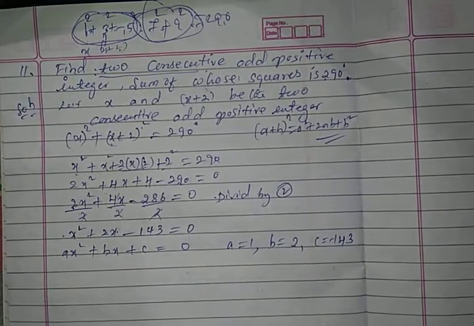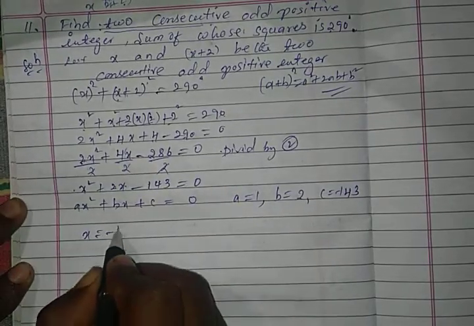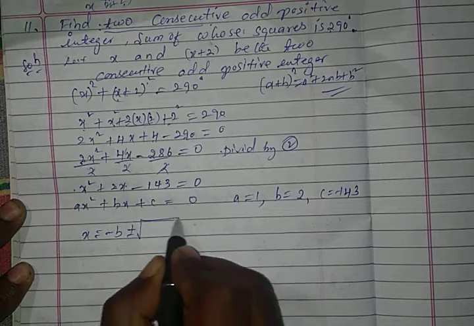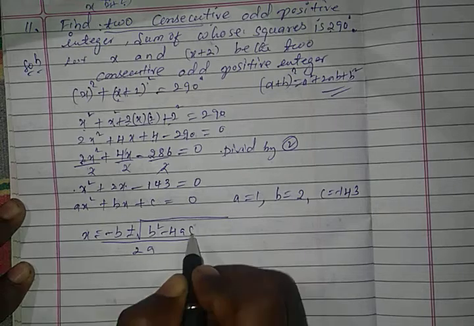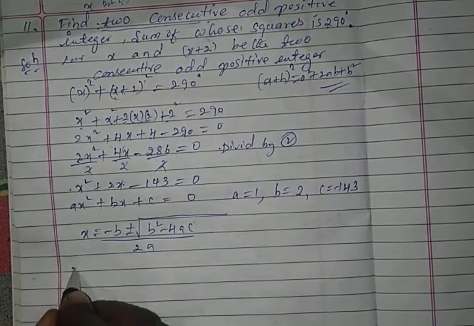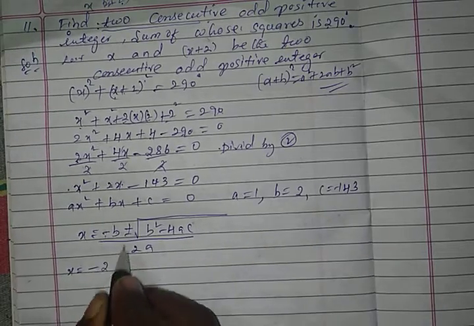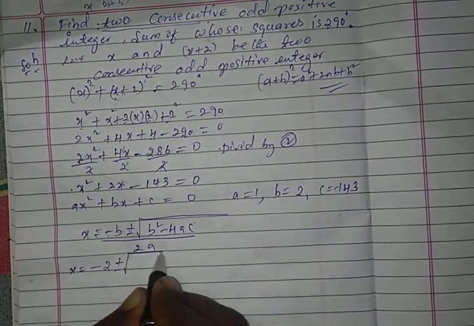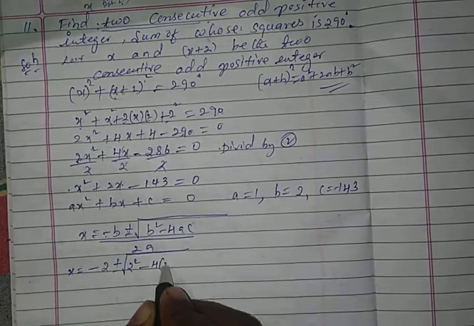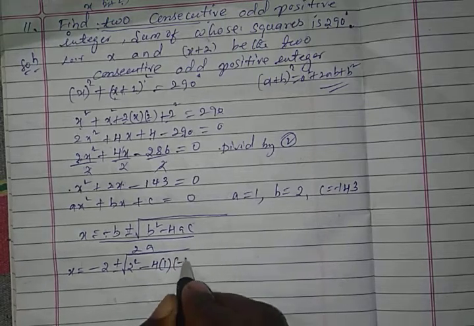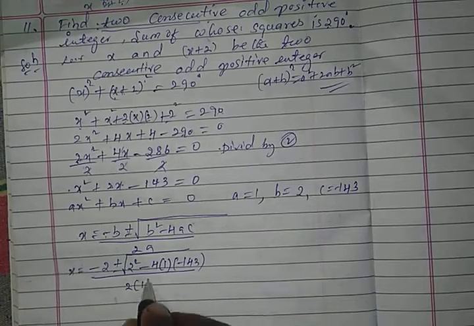Now substitute the values a, b, c in the formula. What is the formula? x is equal to minus b plus or minus square root of b square minus 4ac, whole divided by 2a. This is the formula. Then x is equal to minus, value of b is 2, plus or minus square root of b square, that is 2 square, minus 4, value of a is 1, and value of c is minus 143, whole divided by 2 into value of a, which is 1.